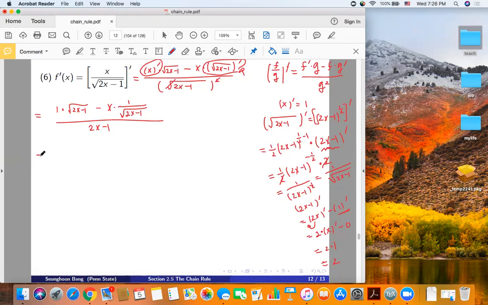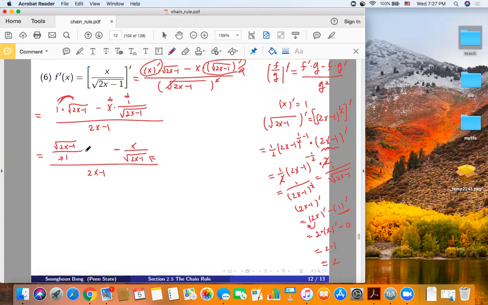The next, what happens? This is the same as 1 times the square root of 2x minus 1, which is only the square root of 2x minus 1. You can change it to the fraction form over 1. Then minus x times 1, which is just x, over the square root of 2x minus 1, whole over 2x minus 1. The next thing, I'm going to simplify the numerator. The common denominator of 1 and the square root of 2x minus 1 is the square root of 2x minus 1.